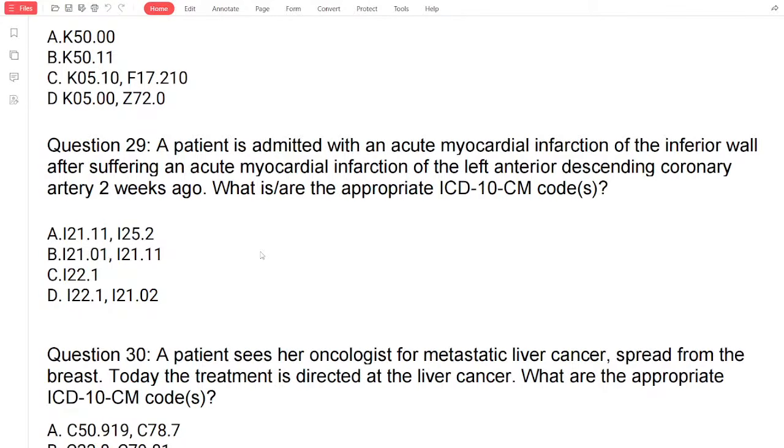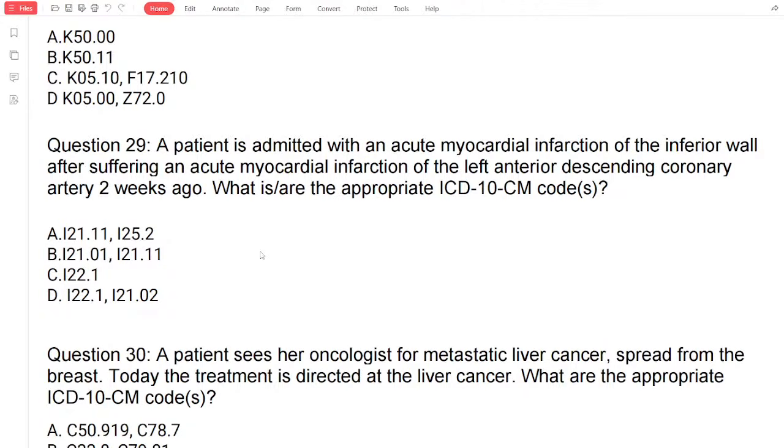Here also, they have mentioned myocardial infarction in the inferior wall. That is the diagnosis. The patient is admitted with an acute myocardial infarction of the inferior wall, right? So I22.1 is the correct answer.